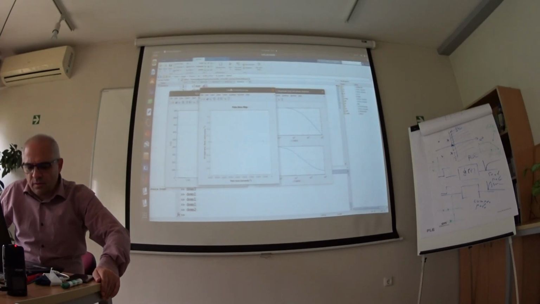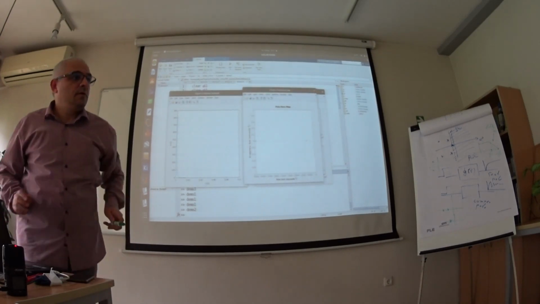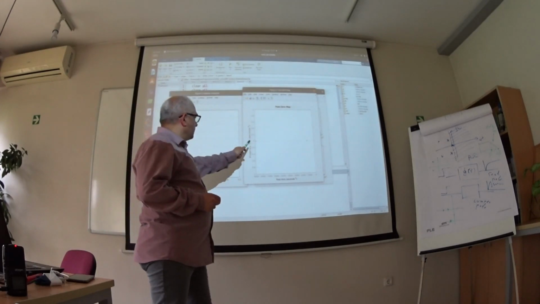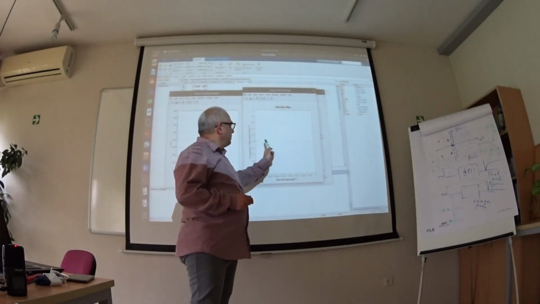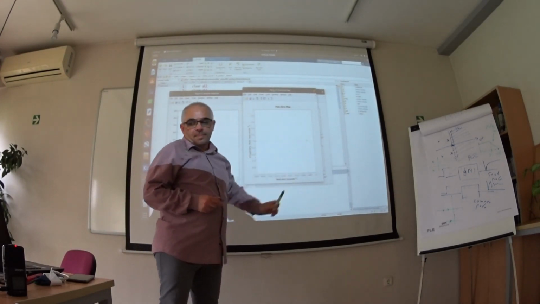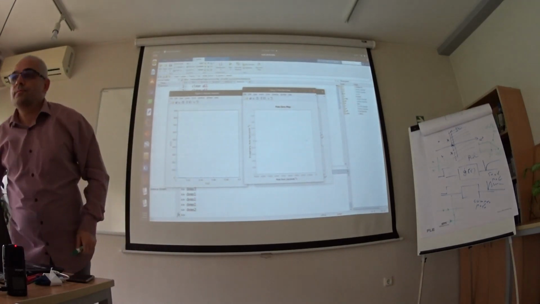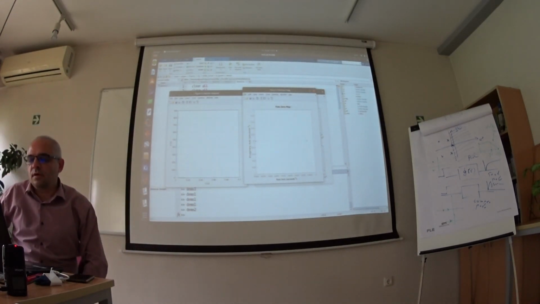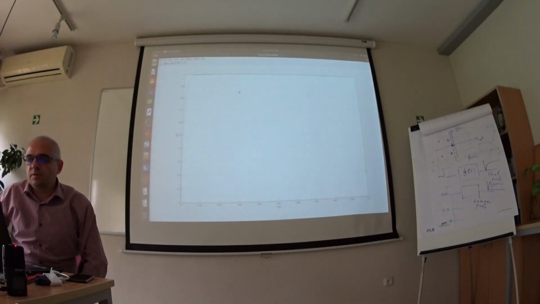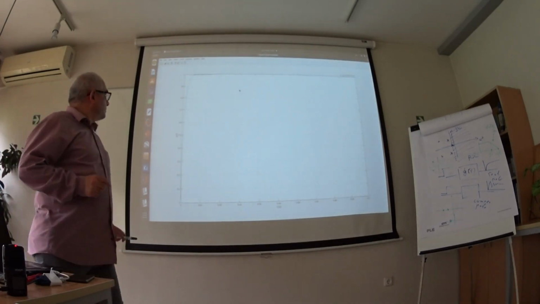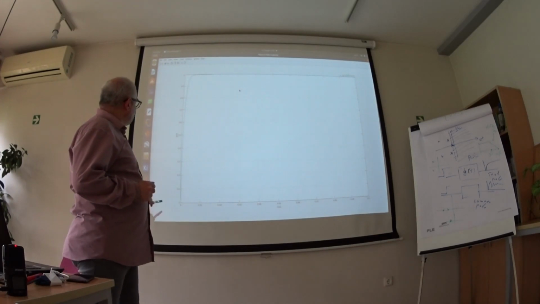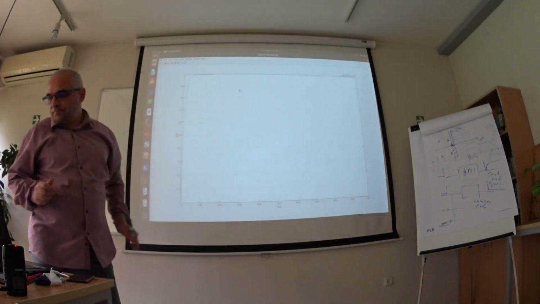Pole zero plot. As you can see, we have two poles, first and second. They are real. So no oscillations at the output. The step response is aperiodic.